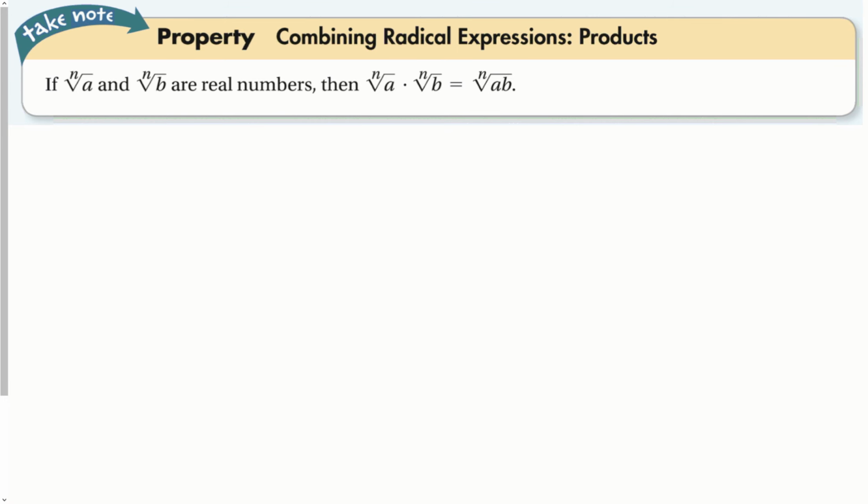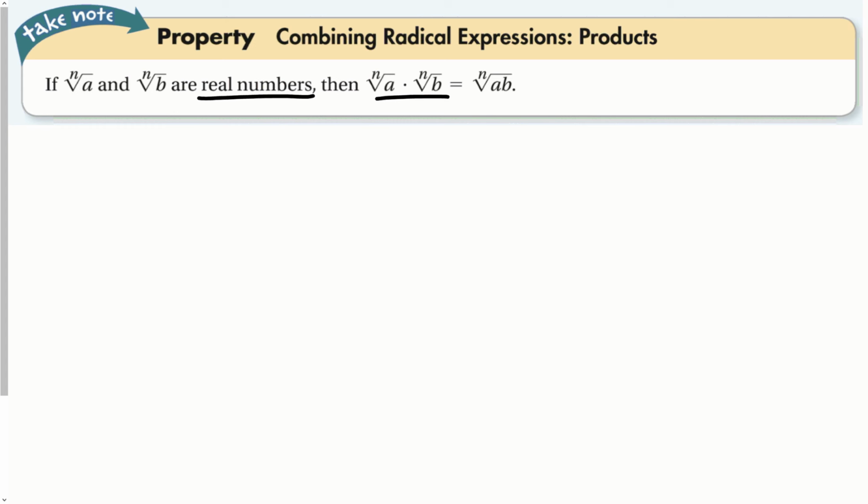So our product property is pretty simple. But there's something in here that is very important. It says that if the nth root of a and the nth root of b are real numbers, then the nth root of a times the nth root of b is the nth root of a times b. So basically it's saying that if these two radicals have the same index, we can put them together into one radical term, one expression.